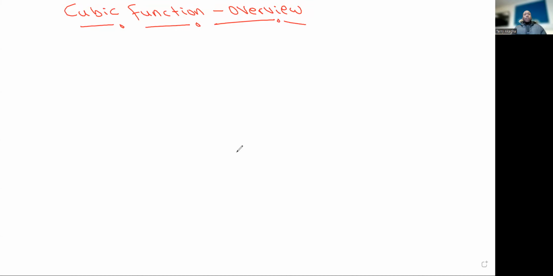All right. So a cubic function has the form of ax cubed plus bx squared plus cx plus d, which is usually the standard form, okay? So I'm going to be writing because I know some of us take notes from my videos.